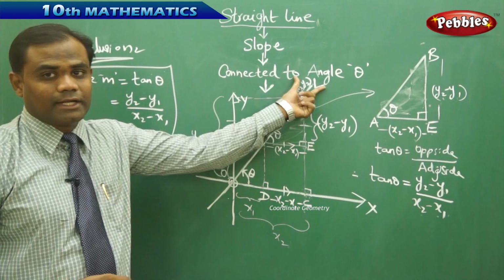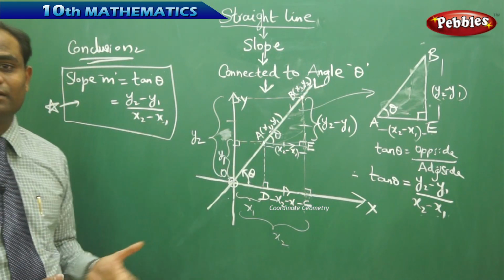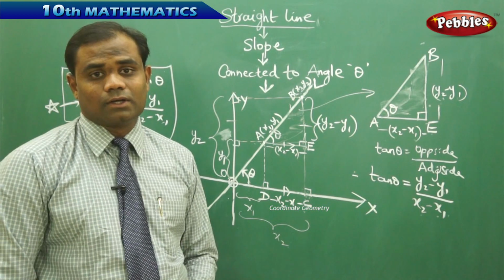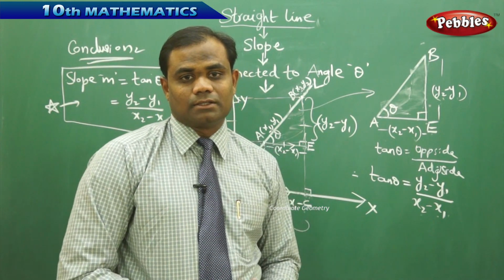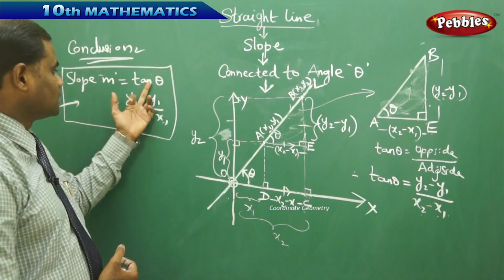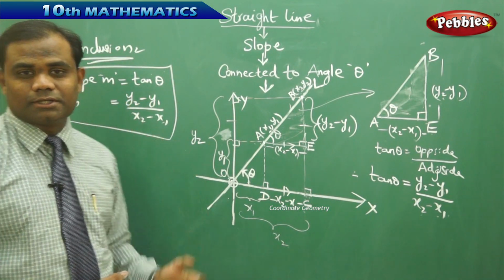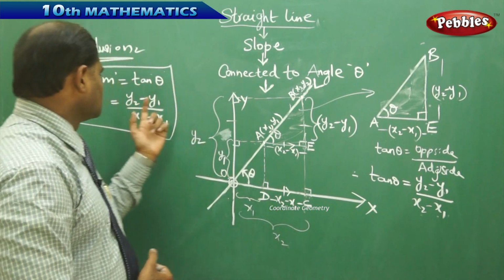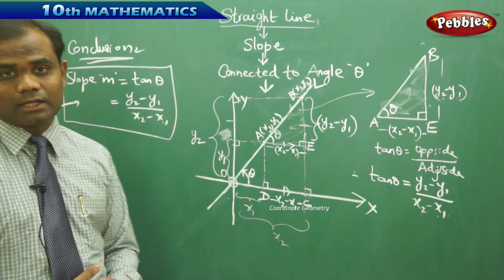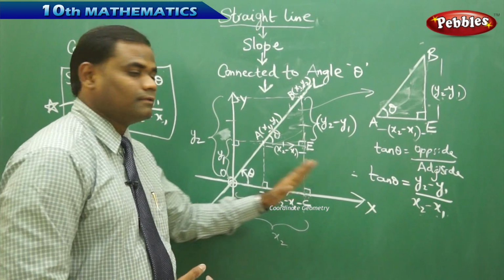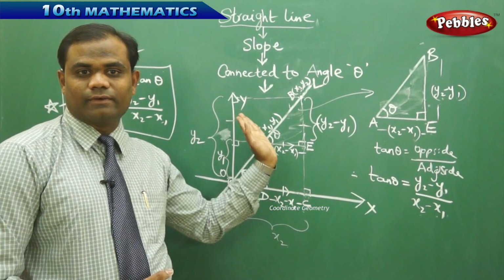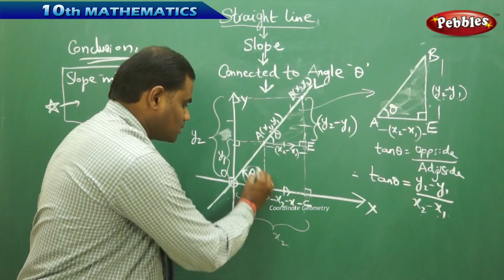If I know the coordinates, I use this formula, depending on the conditions given in finding the slope. But the slope is tan theta or change in y by change in x. This is how the slope and theta are connected. Slope is the tangent of the angle made by the line with the x-axis in the anti-clockwise direction, this being the angle.